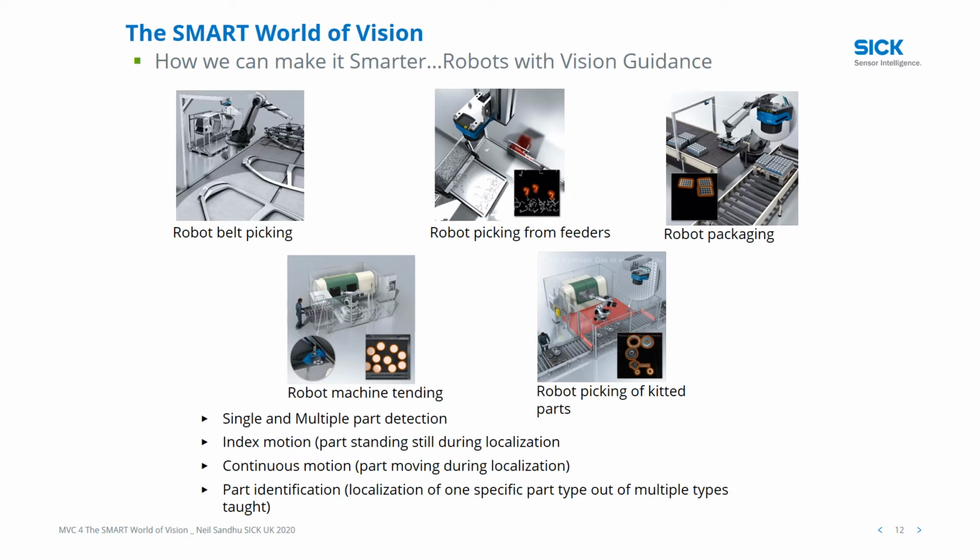And we've mentioned machine tending, where we can look at the actual robot even pressing some buttons on a machine, but also unloading and loading parts into a machine, as well as picking up kitted parts and multiple part detection, identification, and making sure the quality of the parts that it's picking are also up to the levels needed for that next part of the process.